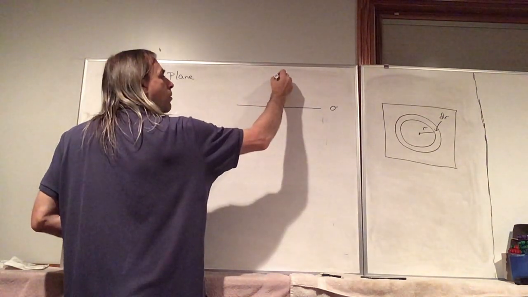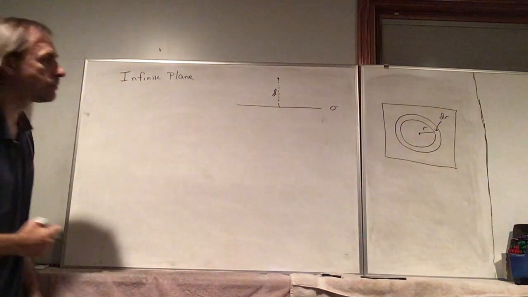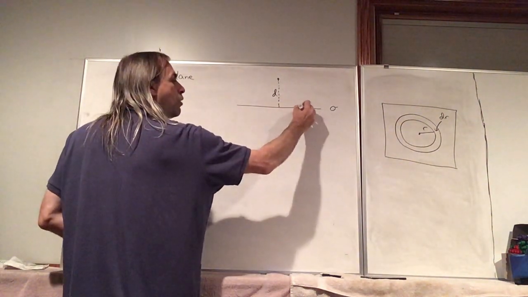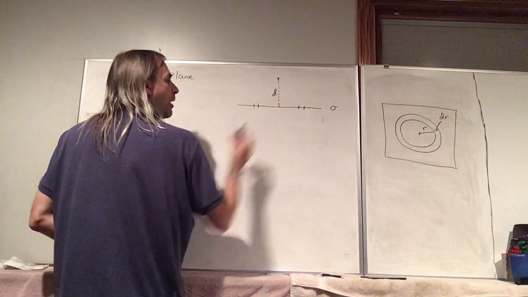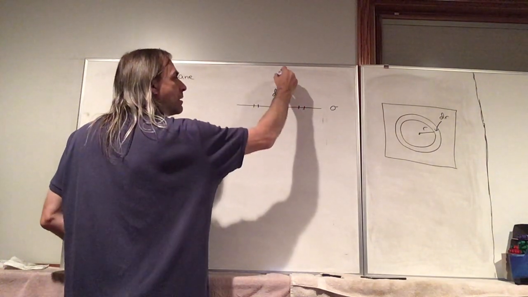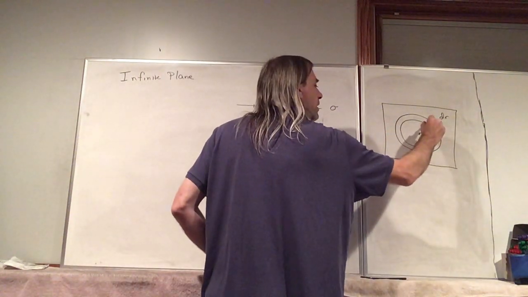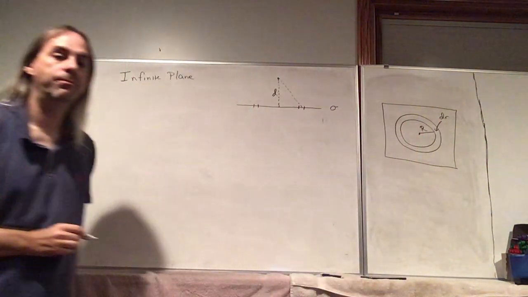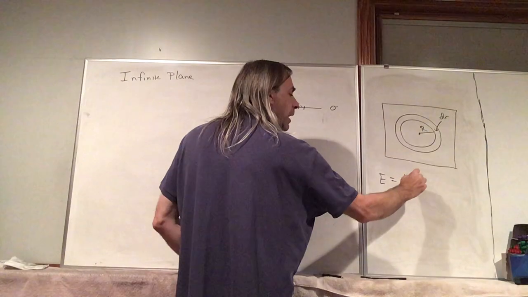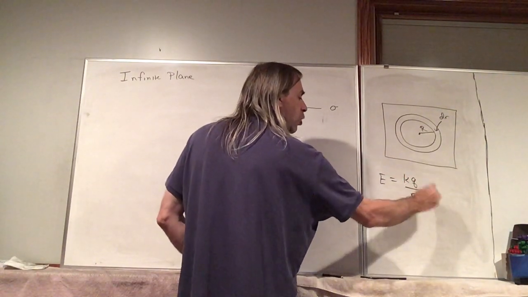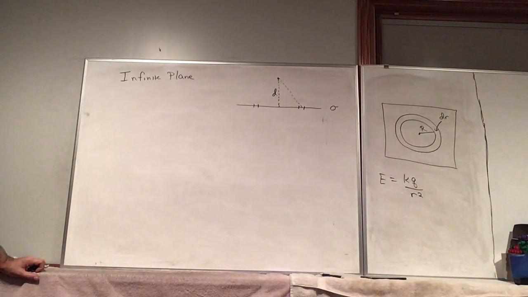So let's say we're looking at a point a distance d above the plane. Our element of charge is over here and here; it's a circle that goes all the way around. This distance, I'm going to call capital R, because in our formula we're used to using E is kQ over r squared with a lowercase r, and I want to stick with that.